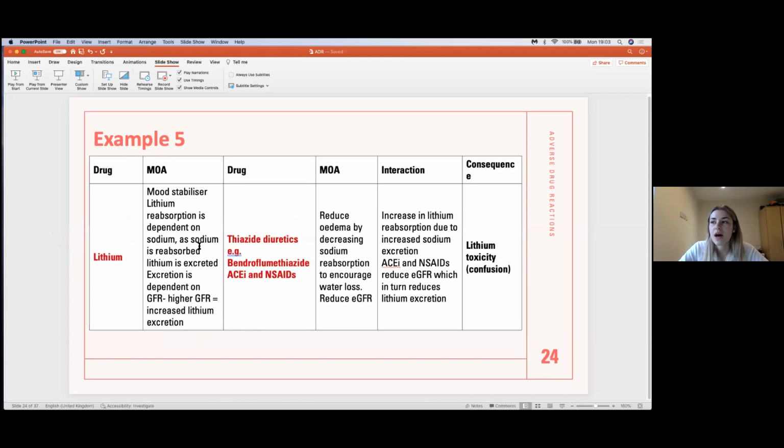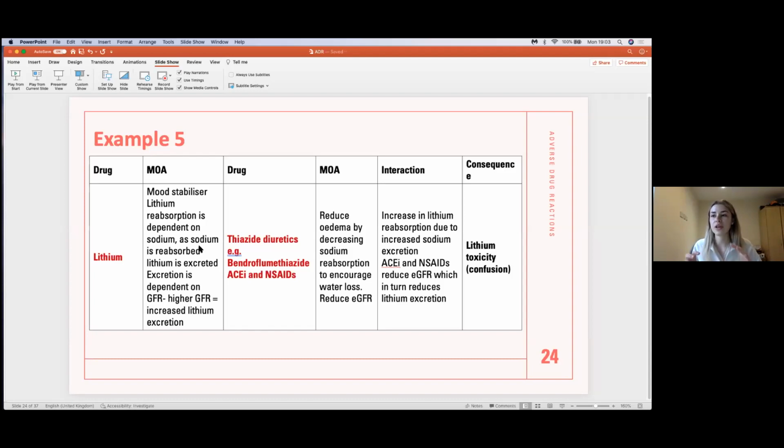patients who've got edema, they reduce it by decreasing the sodium reabsorption and encourage water loss, but these will also reduce the GFR. So there is an increase in lithium reabsorption, and it will reduce the lithium excretion.